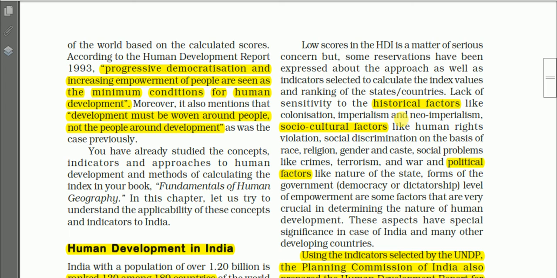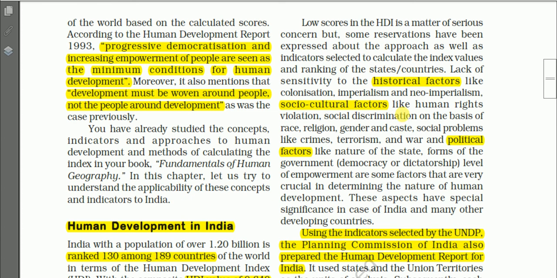We also learned why some countries are scoring low HDI, why some are scoring high, while others are scoring medium. Reasons and factors are there. But for the case of India, we have three factors affecting the scores of HDI: historical factors, socio-cultural factors, and political factors.